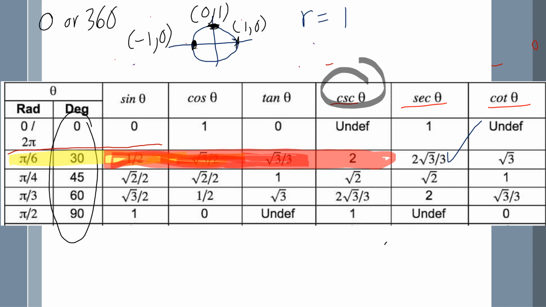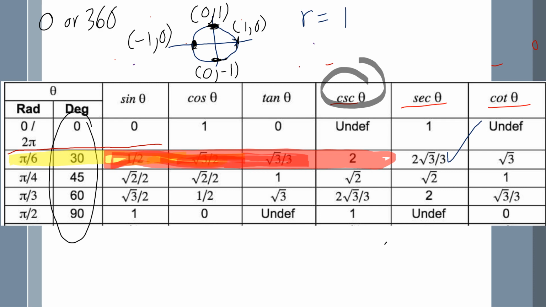Okay? And then if I'm touching 1 at the bottom of the y-axis, it's going to be what? 0, -1. How many degrees is that? 270. So now with that being said, let's go ahead and do it.